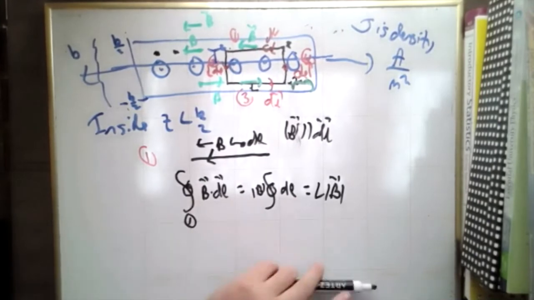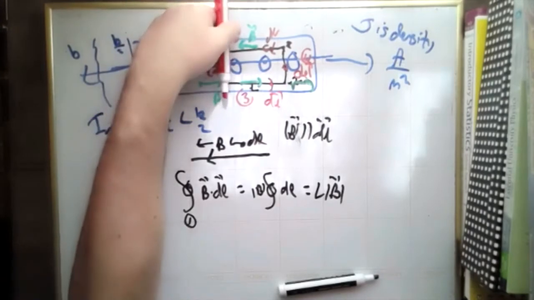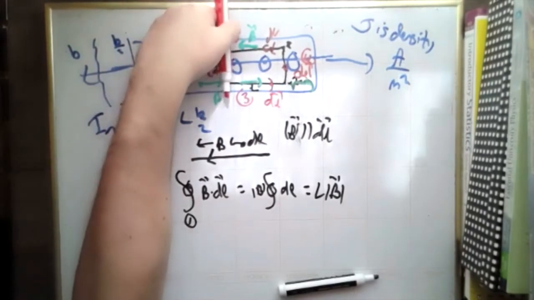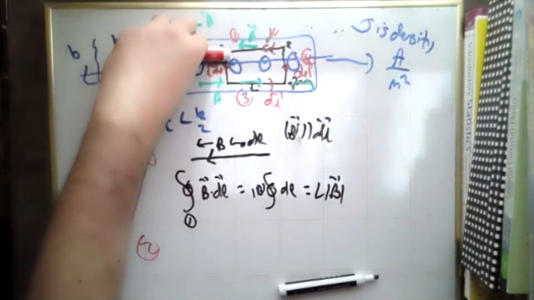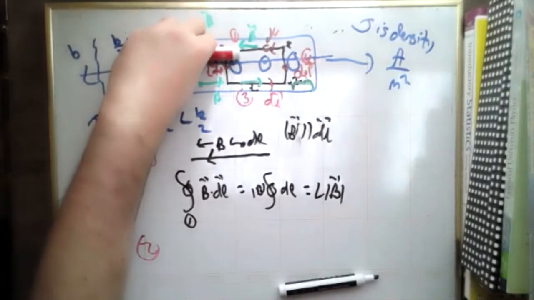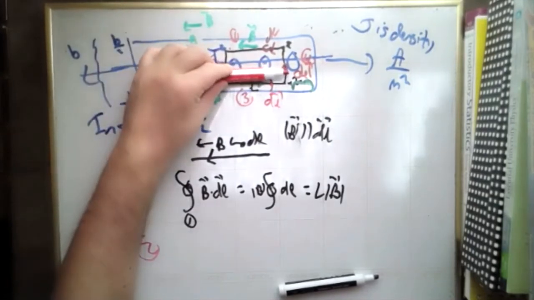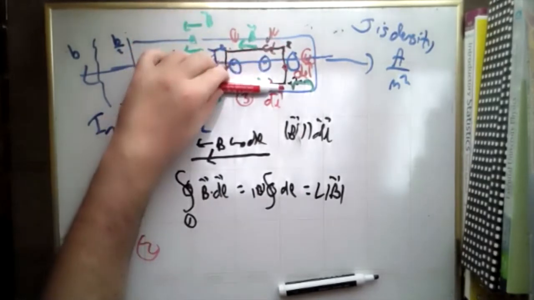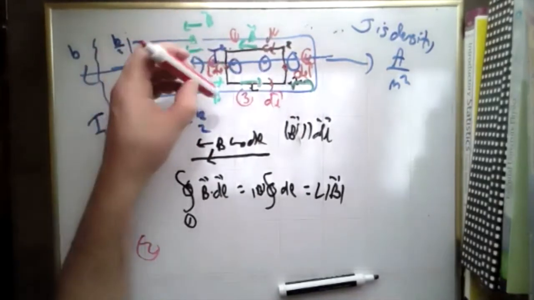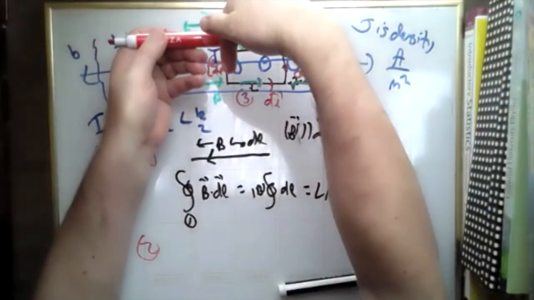Okay, on section 2. Section 2 points down like this. DL points down. B has 2 different parts. Up here in this top section, B is pointing to the left. Down here in the bottom section, B is pointing to the right. So B is changing across that segment of wire, but on every single part of it, B is perpendicular to DL.